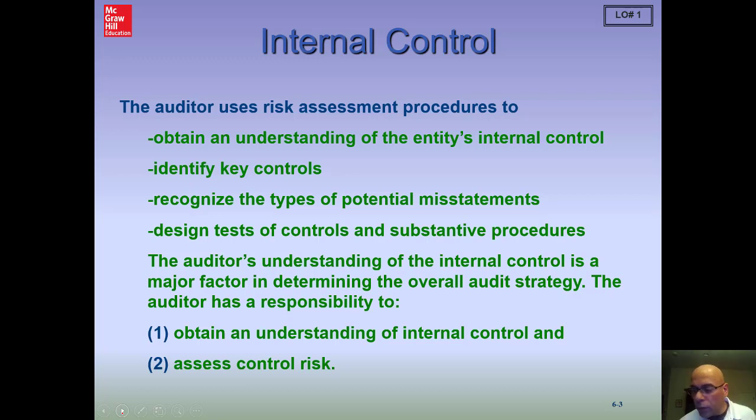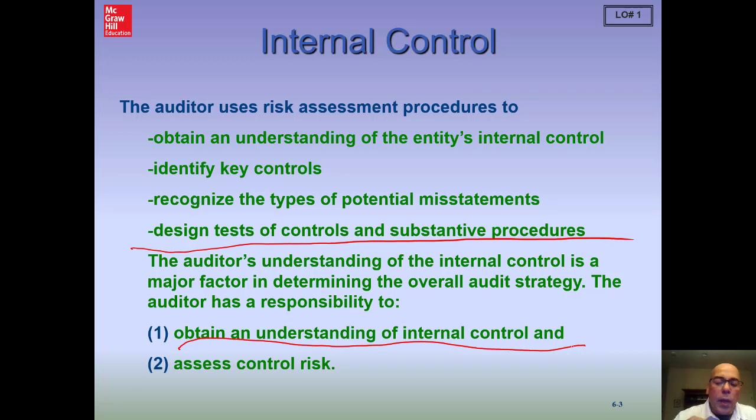Now, of course, the auditor is going to look at the internal controls and they're going to want to make sure that they are designing the test of controls if we decide to test the internal controls. And of course, we always have to design our substantive procedure. And remember, we said we're always going to obtain an understanding of the internal control, and then we will use that understanding to assess the risk of material misstatement.